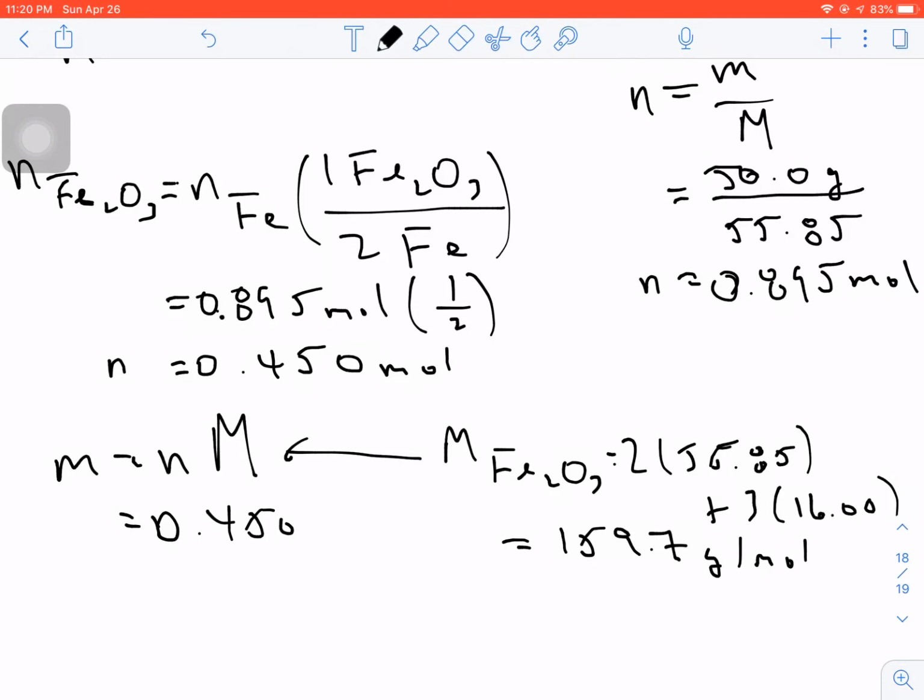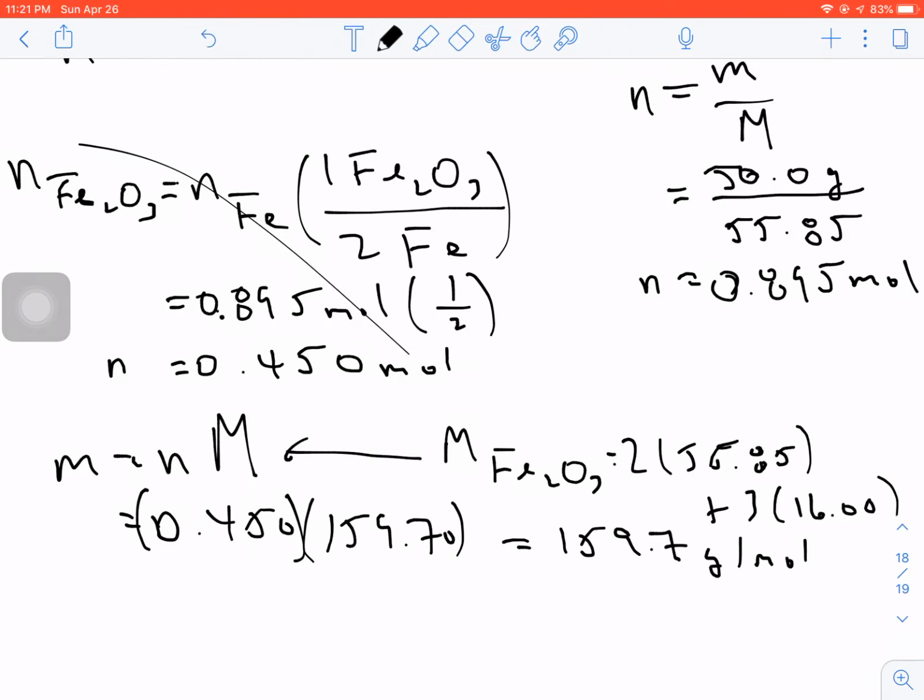grams per mole. Again, all from our last test, right? Molar mass, capital M. So now I'm going to use this number here as big M in this equation here, so I can calculate my little m. So 0.45 moles times 159.7, and I'm going to get 71.5 grams.